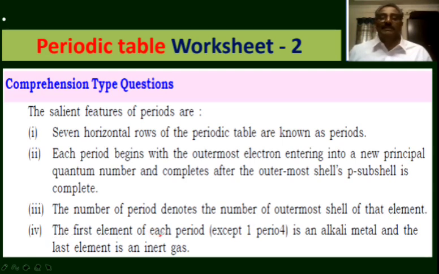The first element of each period except the first period is an alkali metal and the last element is an inert gas. This is the information given.